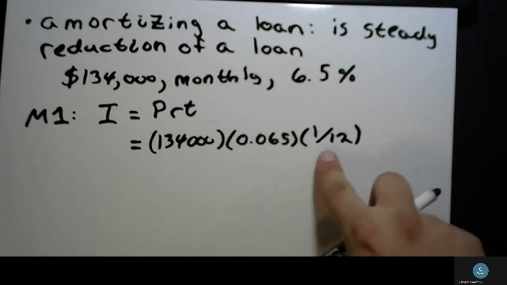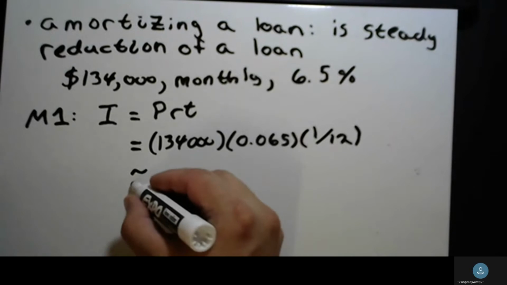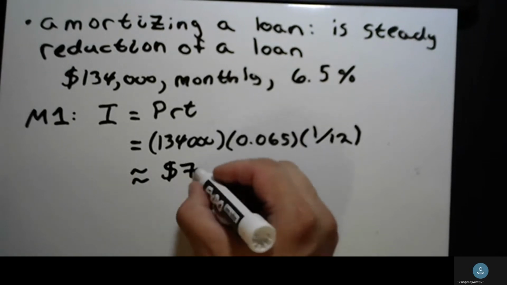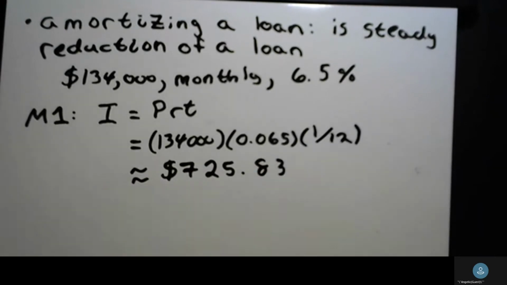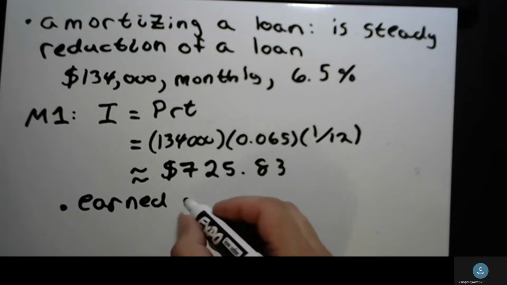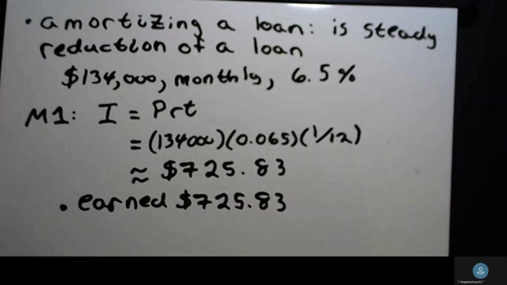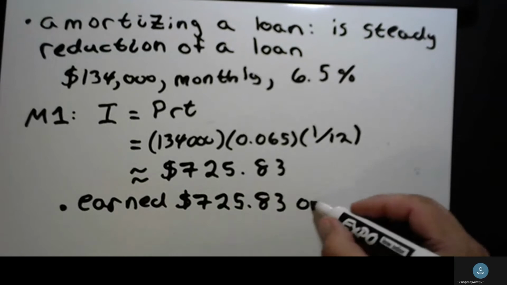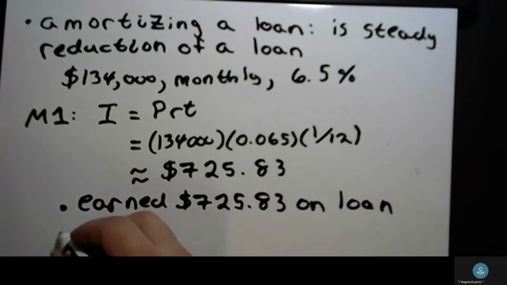So this comes out to roughly $725.83. So what happens at the end of this first month? Well, we've earned $725.83, or really our loan has earned it. So we owe more money now, not just the $134,000, but we're also going to make a payment.